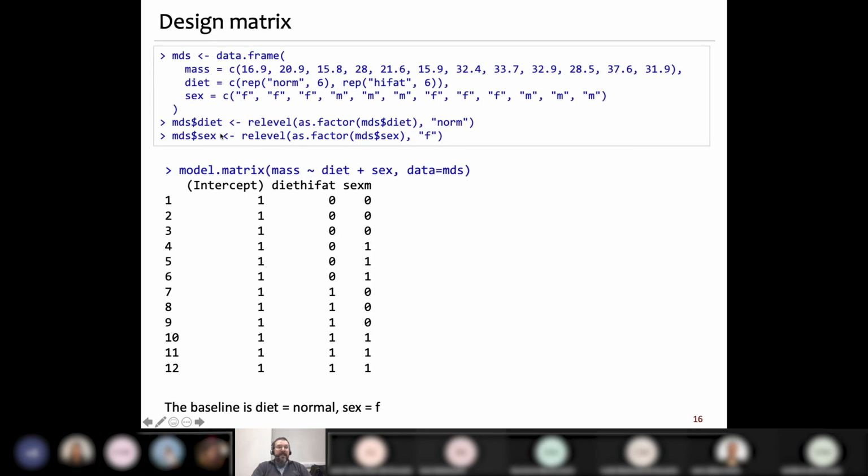In this case, we set diet in the way that normal diet is our reference, and we set sex in the way that female is the reference. These are the first levels of the factor. We can see the model matrix using our model.matrix function, and it looks exactly the same as in the previous slide.